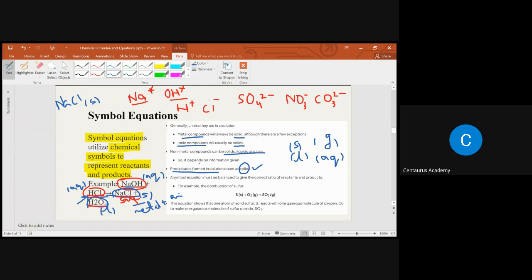Sometimes what happens, some of the substances which are usually given to you in the context of the question, they tell you which physical state it is present in. For instance, if you don't know the physical state of a substance, or you are asked that ammonia reacts with hydrogen chloride gas, it produces ammonium chloride.